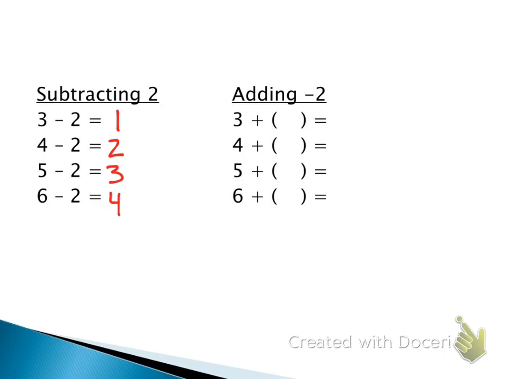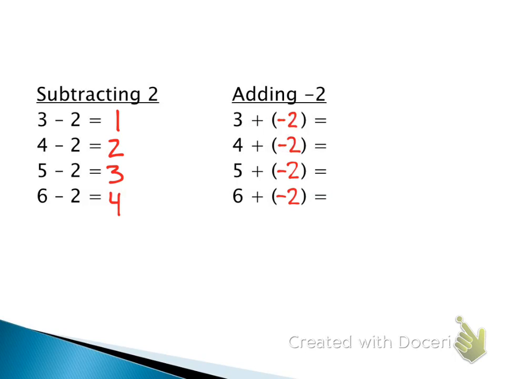So we could rewrite all of these subtraction problems as if we were adding a negative 2 instead of just subtracting 2. Which on these might seem silly, but at least we can establish a pattern. So this is like what we would have seen yesterday. We're adding 2 numbers. They have different signs.